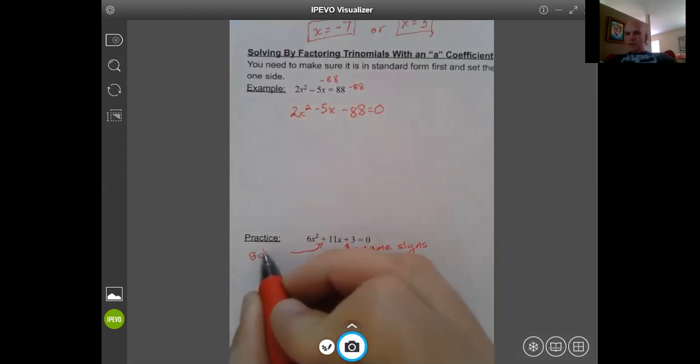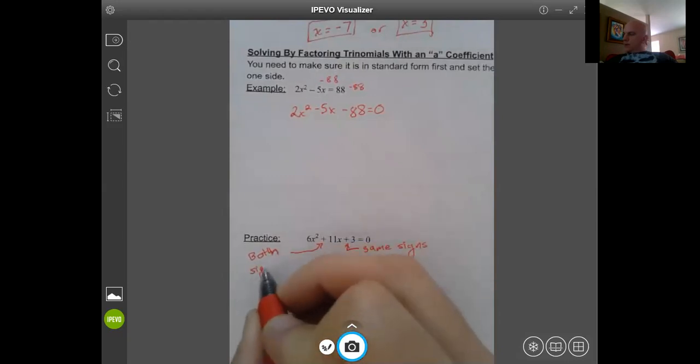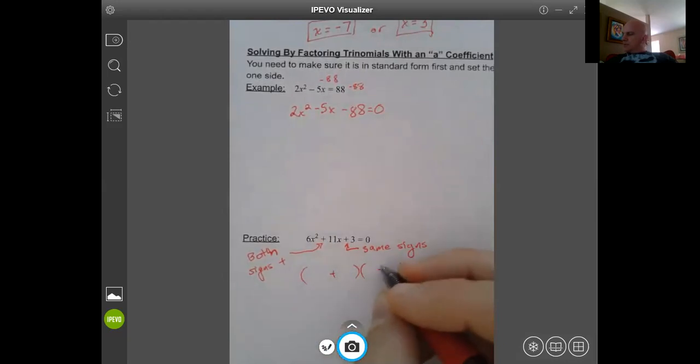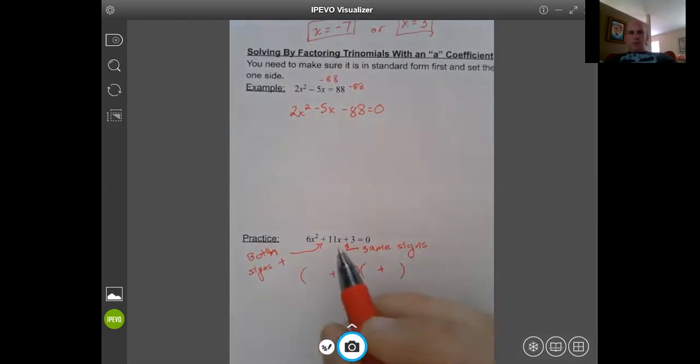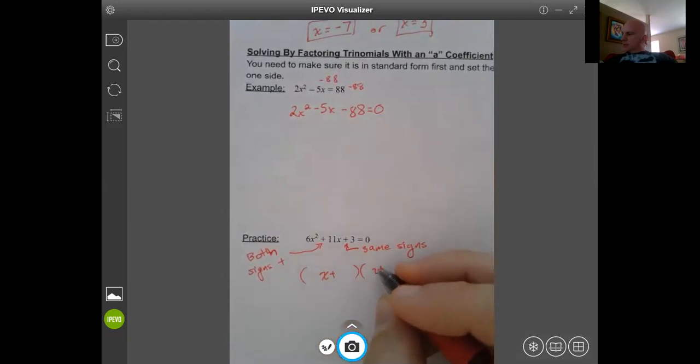All right, so both signs here are plus signs, addition signs. We have a coefficient on the first term, so I need to leave some space in front of my x's, but I'll put x and x as well.